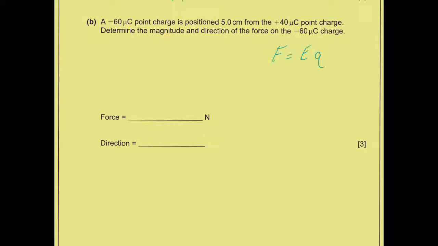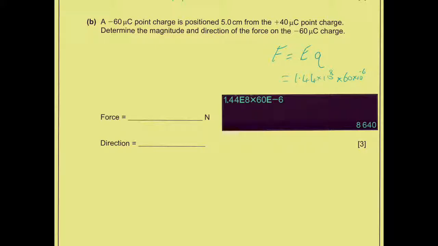The force on that new charge is going to be the field at that location times the new charge, so 1.44 times 10 to the 8 multiplied by the 60 microcoulombs, and that works out to be 8640 newtons.